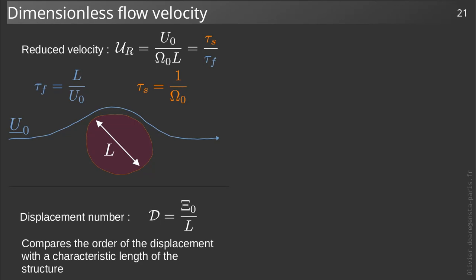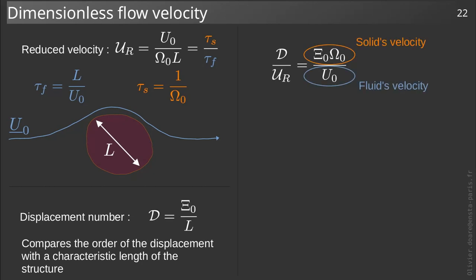The second number is the displacement number, which is the ratio between the magnitude of the displacement of the solid during its oscillation and its characteristic dimension. From these two numbers, we can construct a new one which expresses the ratio between the characteristic velocity of the solid and the characteristic velocity of the fluid. If this one is large, it means that the fluid can be considered as not being in flow.